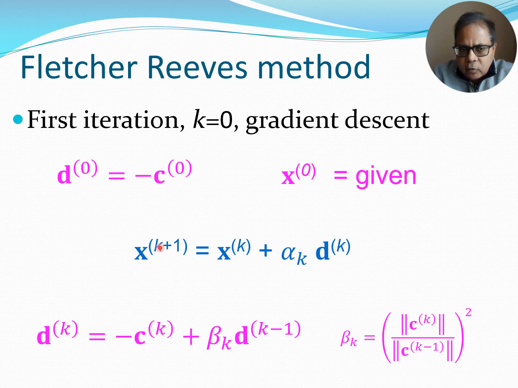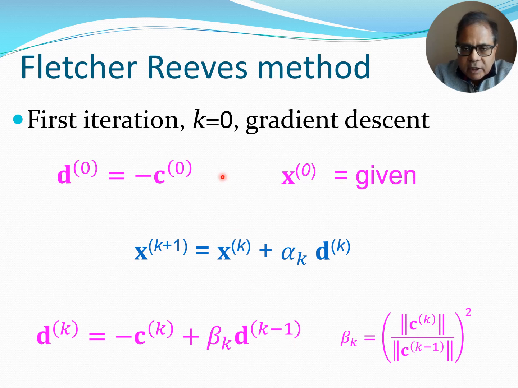Now if you look at the Fletcher Reeves method carefully, you will see that you need dk minus 1 and you need ck minus 1. So when you are starting off this algorithm, you actually do not have the k minus 1 point. For example, if you are at k is 0, you are not going to have the point before that.